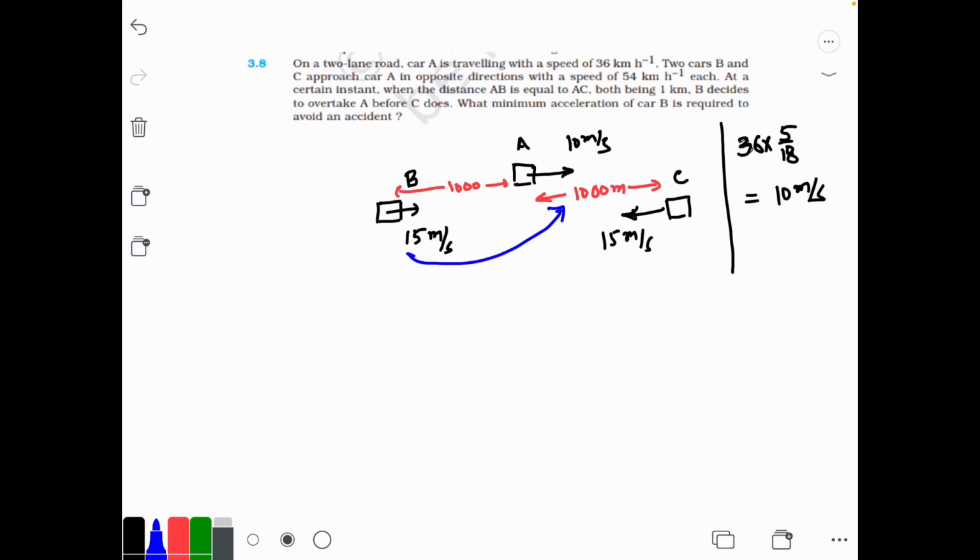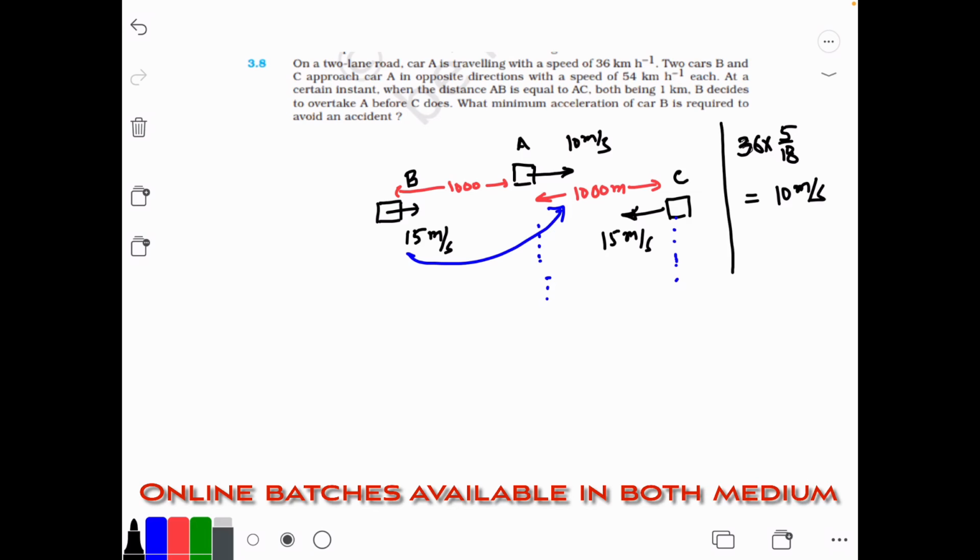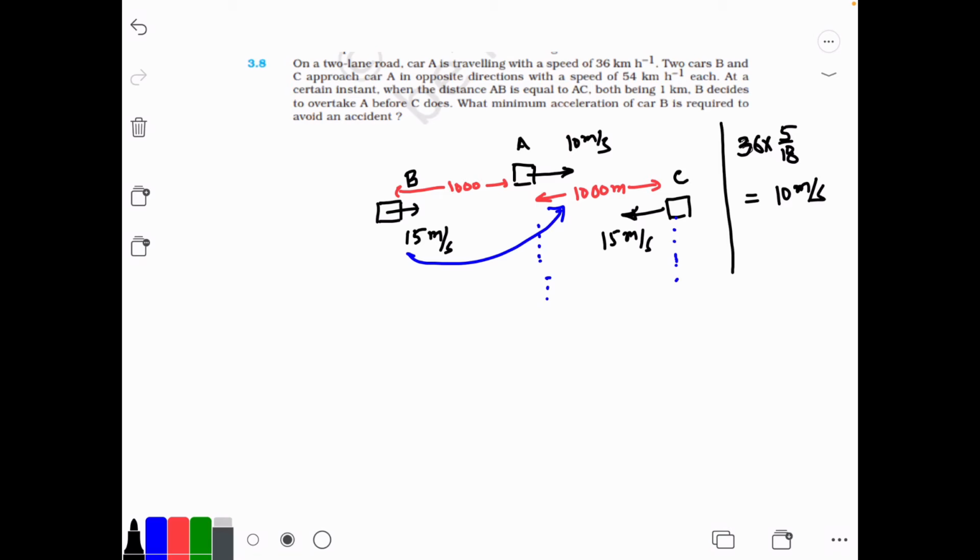So first we need to calculate how much time is taken by C to cover this 1000 meter. To calculate this time, first we need to know the relative velocity of C with respect to A. So velocity of C with respect to A will be 10 plus 15, because they are approaching towards each other, so 25 meter per second.